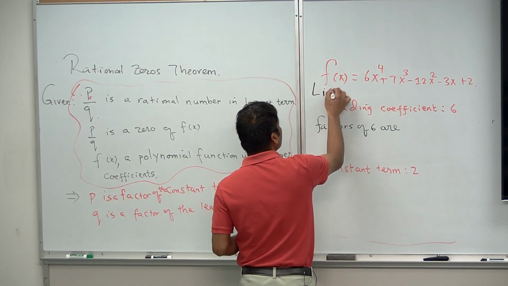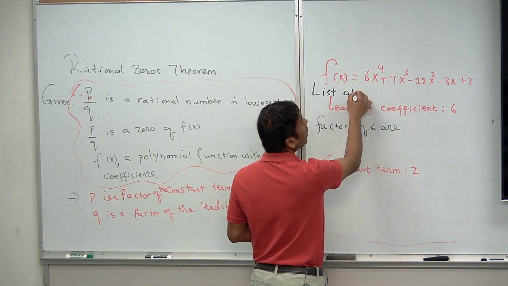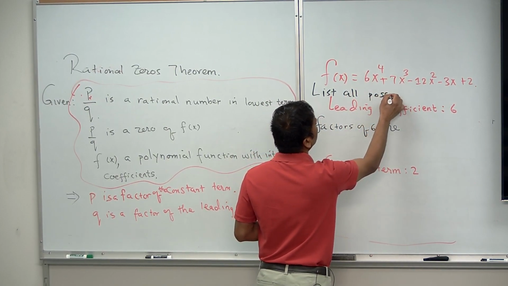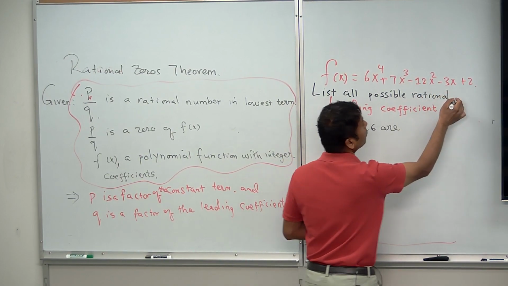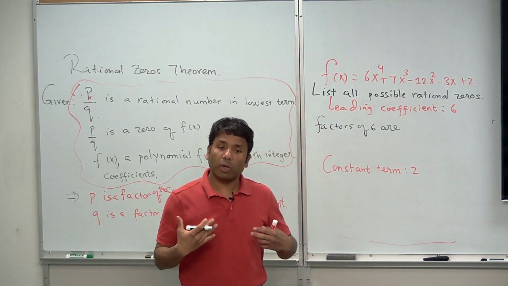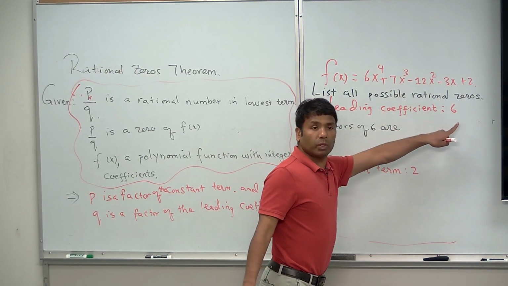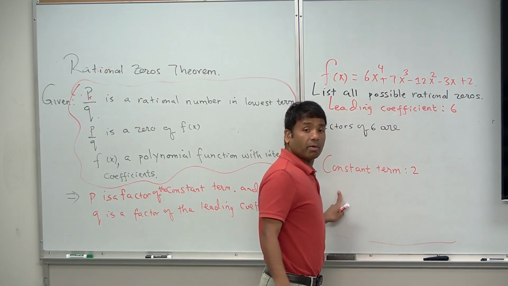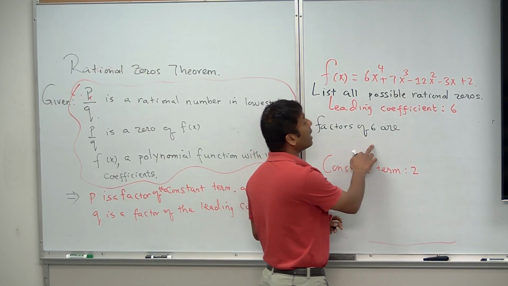That is our job. So how do we find them? You figure out the leading coefficient, that is 6. You figure out the constant term, that is 2. And then you find the factors of 6.